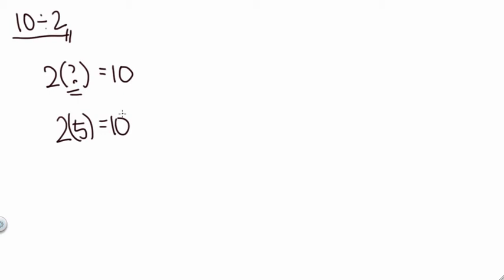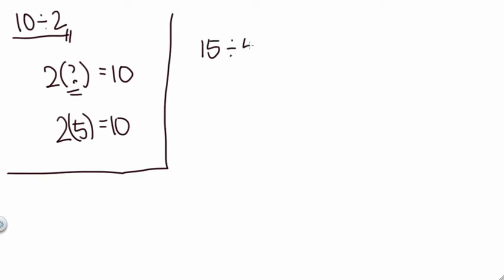The next one is repeated subtraction model. So just like how multiplication was repeated addition, you can think of division as repeated subtraction. So suppose we are doing 15 divided by 5.